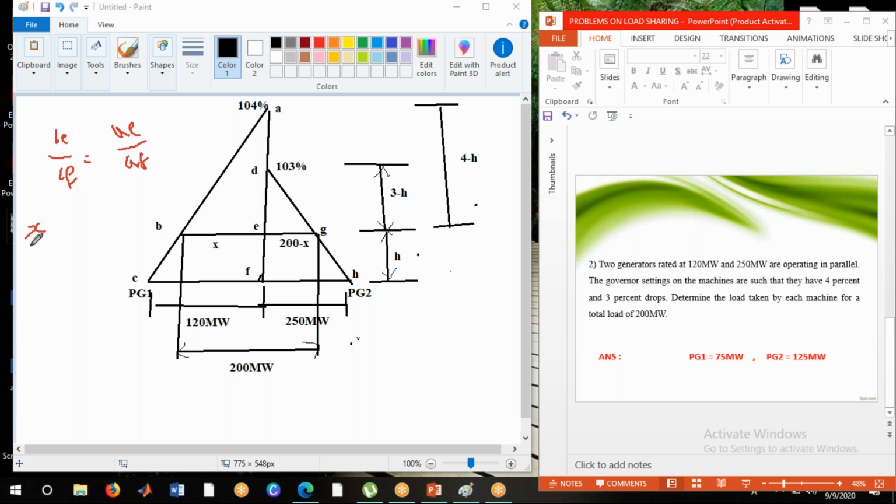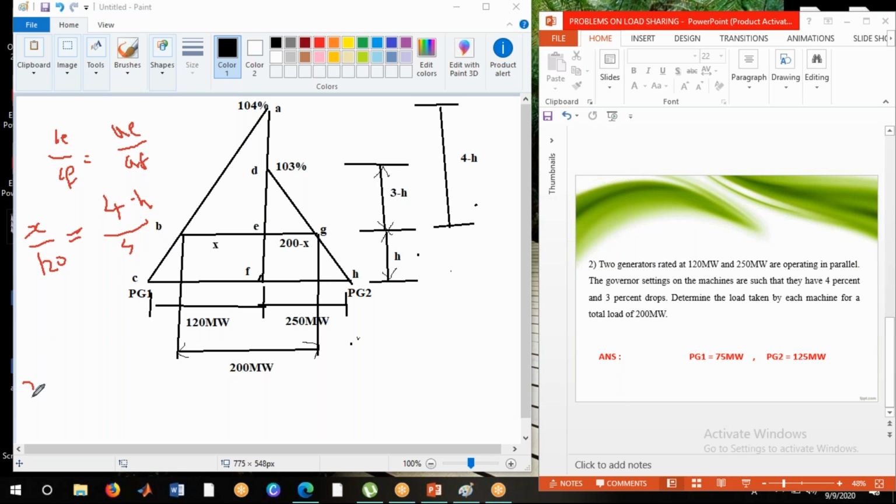X. What is the value of CF? 120. AE is 4 minus H. AF is 4 minus H plus H, so totally we will get 4.